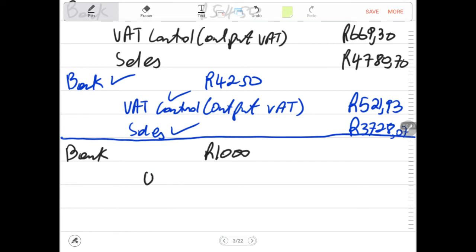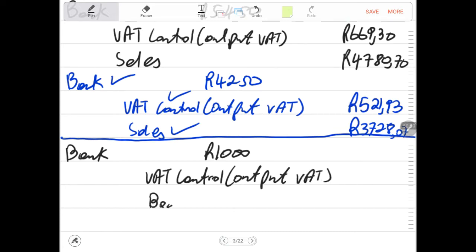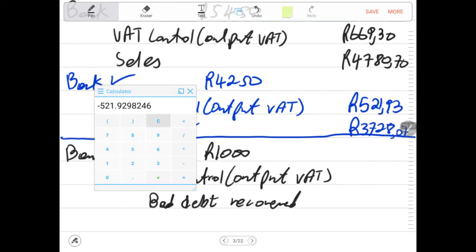Now we need to say VAT control, and this will be output VAT. Then this will be bad debt recovered. Now we need to say the amount of 1,000 by 14 over 114.